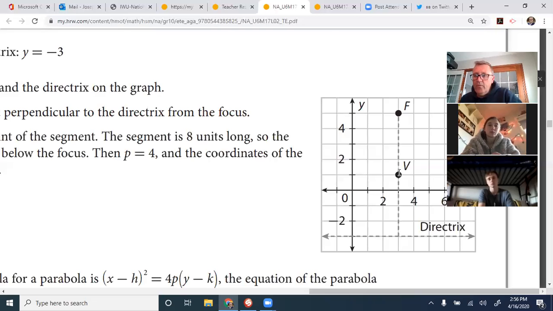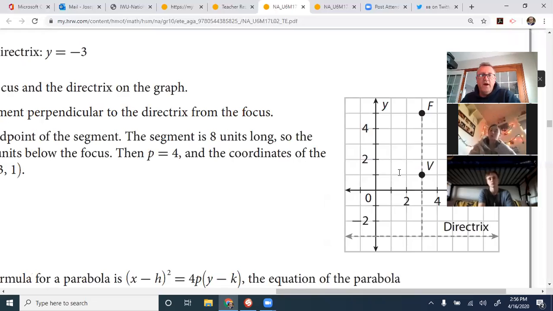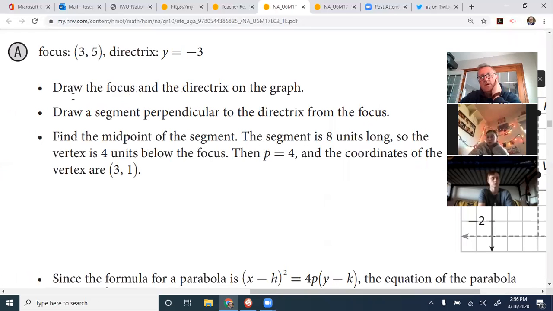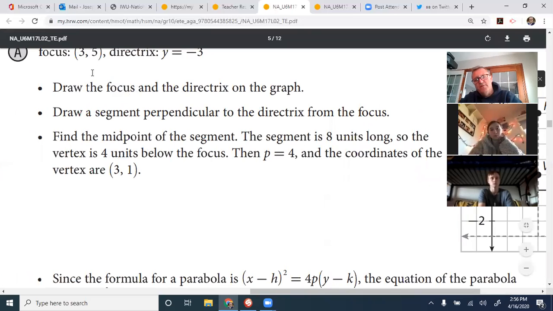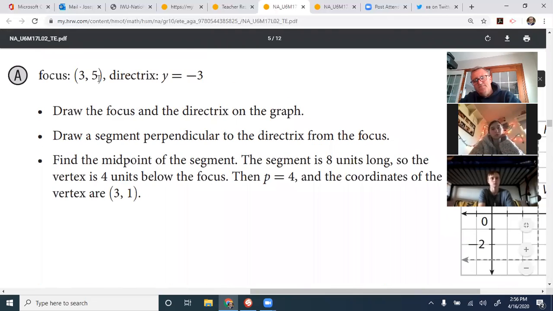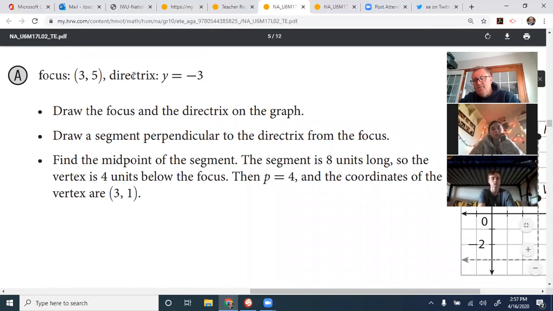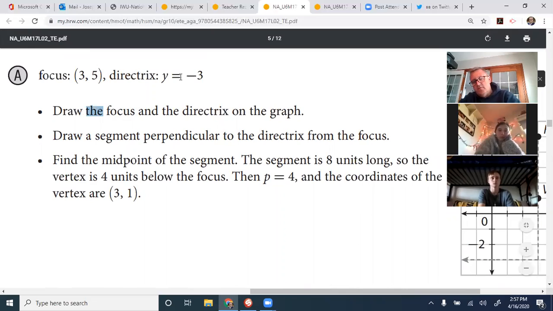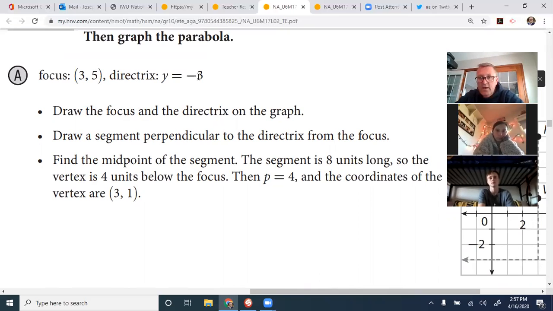Now, another way to look at it, other than the graph. Look at this. If the focus is at 3, 5, what's the y coordinate? 5. What's the y over here? -3. How far is it from 5 to -3? 8 units. So once again, I take 8 divided by 2, and it says that right here.